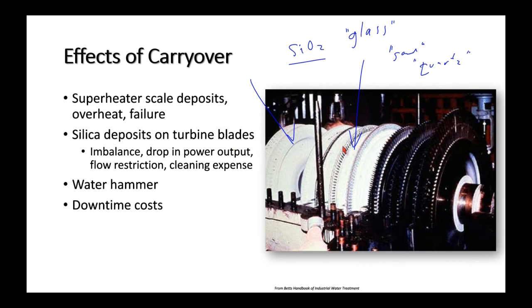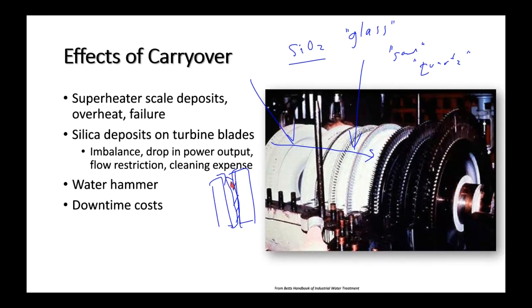So if this stuff gets carried over, it actually precipitates on the turbine blading, and it causes obstructions to the steam. We want the steam to be flowing through here, but now the passageways between the blades, when it's clean, there's that much room for the steam to go through, but then you build up the silica.